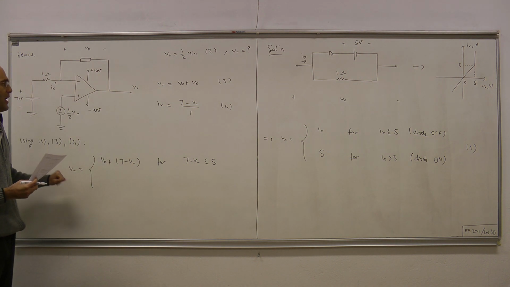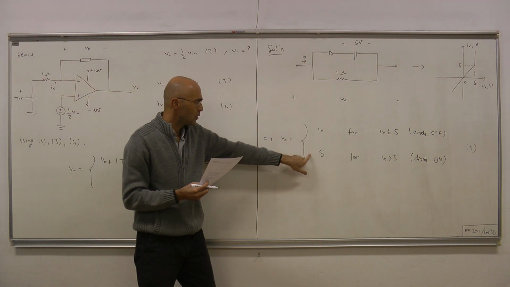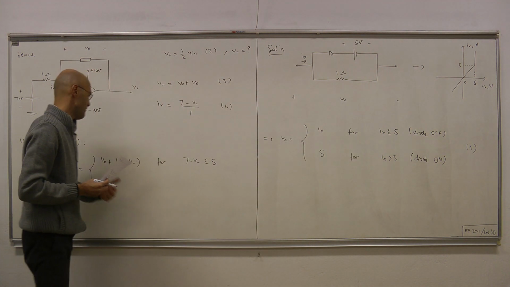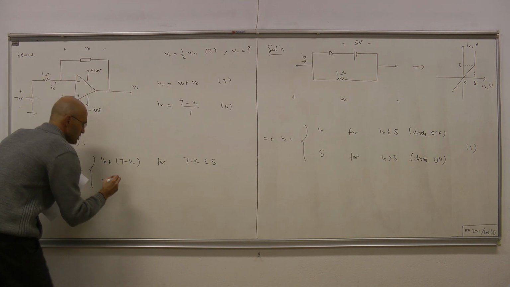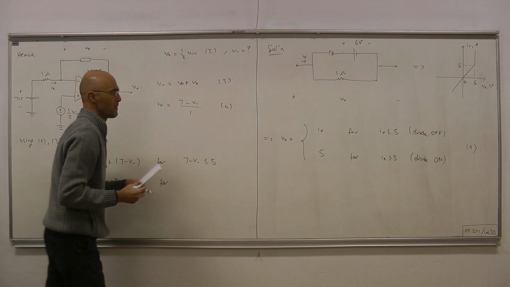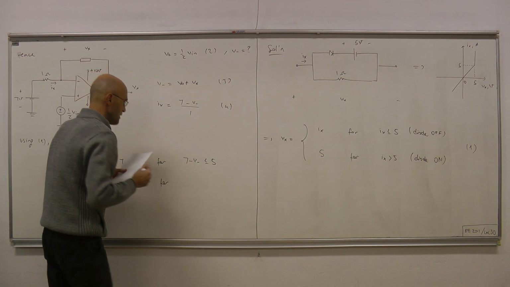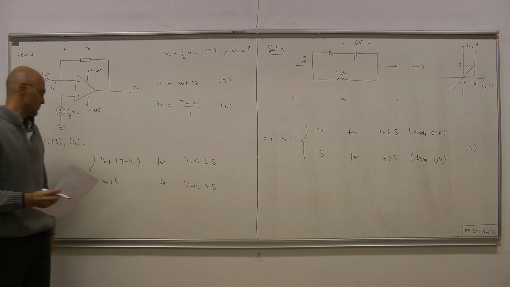And V minus equals V out plus 5 for Ix greater than 5, that is, 7 minus V minus greater than 5.